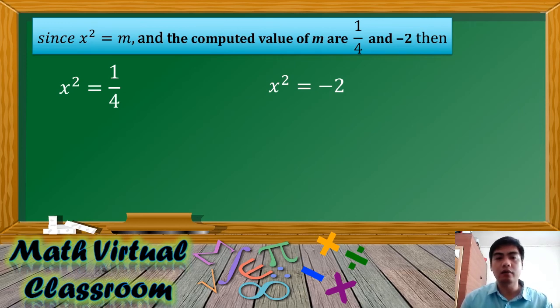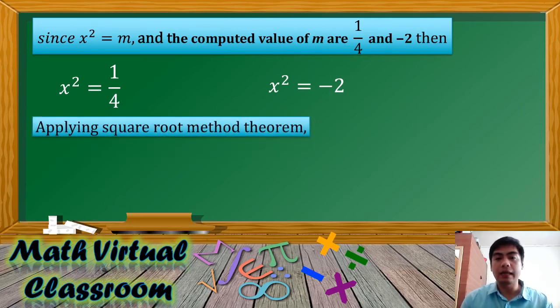We can now solve the given by applying the square root method. So we simply get the square root on both sides of the equation. So let us start with x squared equals 1/4. The square root of x squared is x, and the square root of 1/4 is positive and negative 1/2.